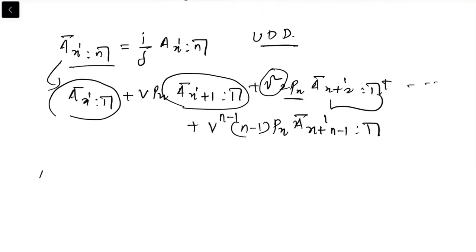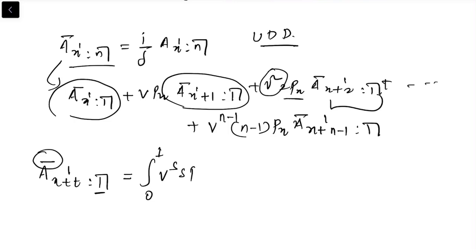Now can I write ā¹_{x+t:1} is nothing but the integration from 0 to 1, because this is immediate, so integration 0 to 1, duration is 1 year, vˢ ₛp_{x+t} μ_{x+t+s}. We already have x plus t. The term assurance has begun from x plus t.